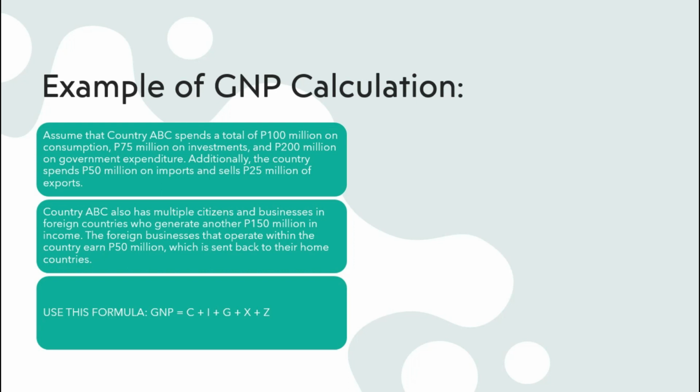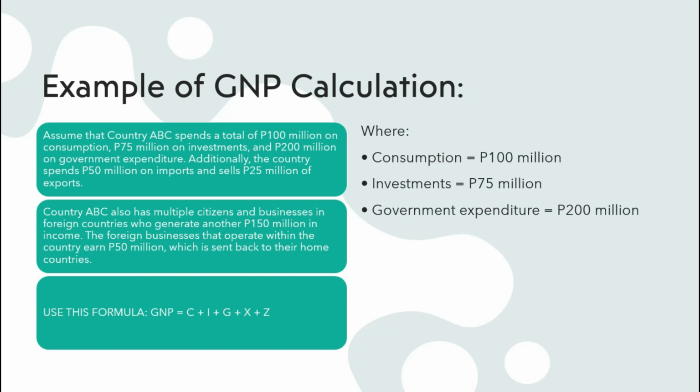With our problem, first let us look for the letter C or the consumption. The consumption here is 100 million, the investment is 75 million, and the government expenditure equals 200 million.